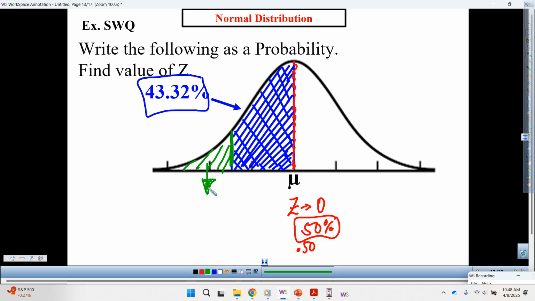Let's go with Santi. Subtract, 50% minus 43.32%, and that gives us 6.68%. That's this part. Change that into decimal, move this twice, so that gives us 0.0668.